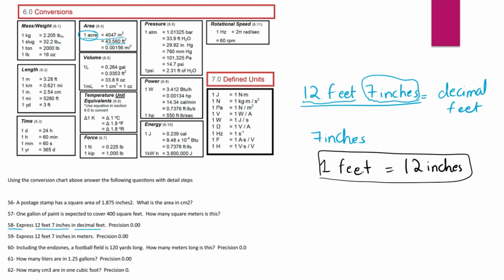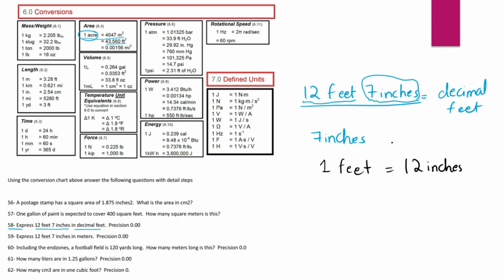By using this conversion we can say how many feet there are in 7 inches. For that, in order to do the cross multiplication, we need to write this 7 inches on the right hand side, because we need to write the units the same on both sides.